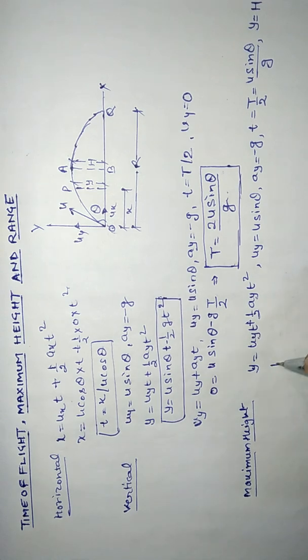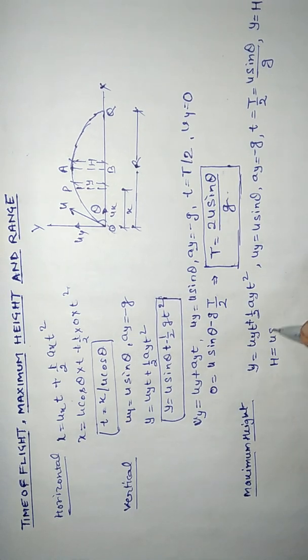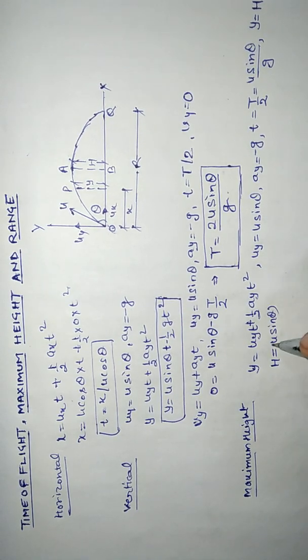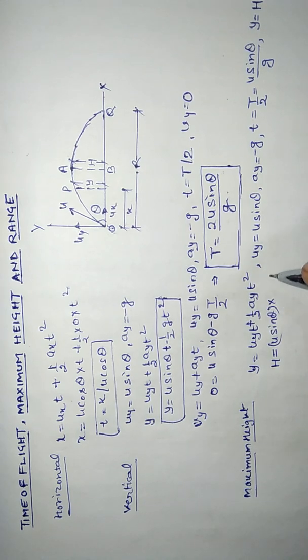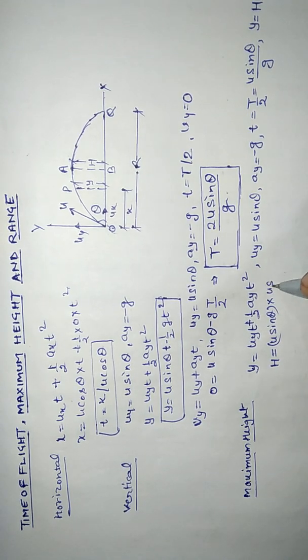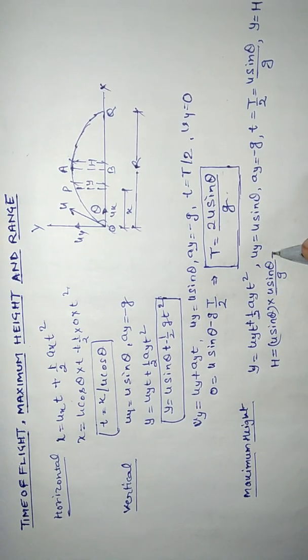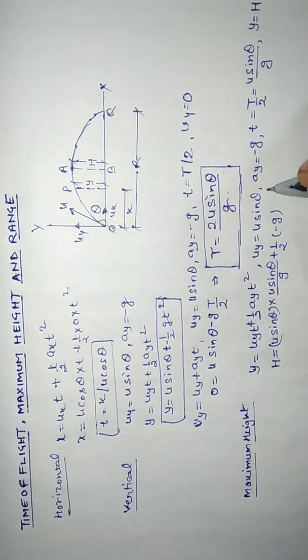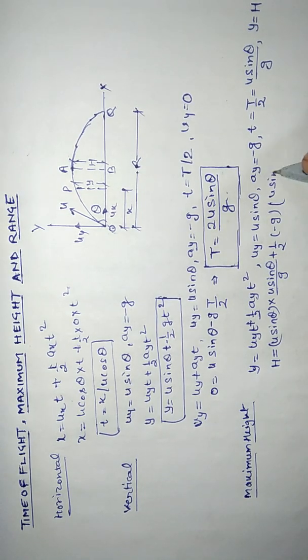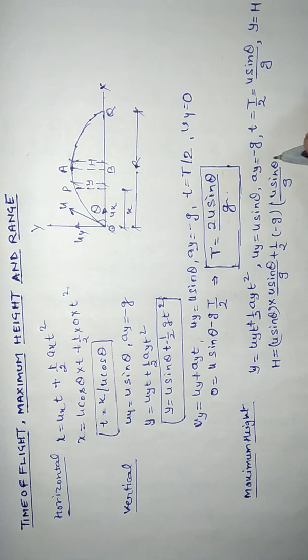We will get h is equal to u sin theta into u sin theta upon g plus half into minus g into u sin theta upon g whole square.